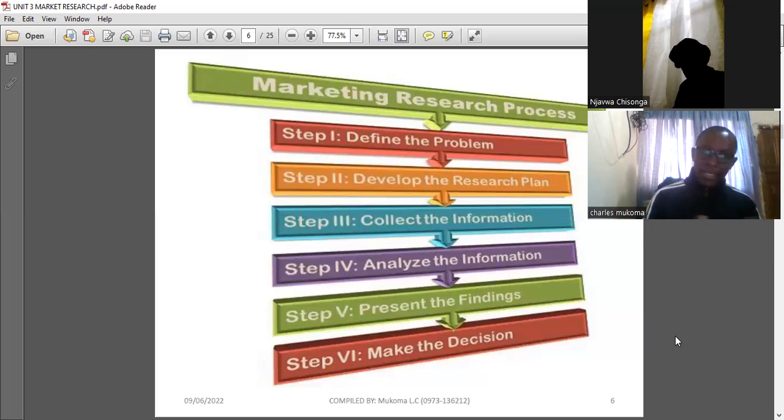Okay, you collect that data. Step number 4, you analyze the data. Step number 5, you present the findings. And the last step, you make the decision whether to abandon that product or to improve that product or what, depending on the findings, then you're able to make the decision. Is that clear?